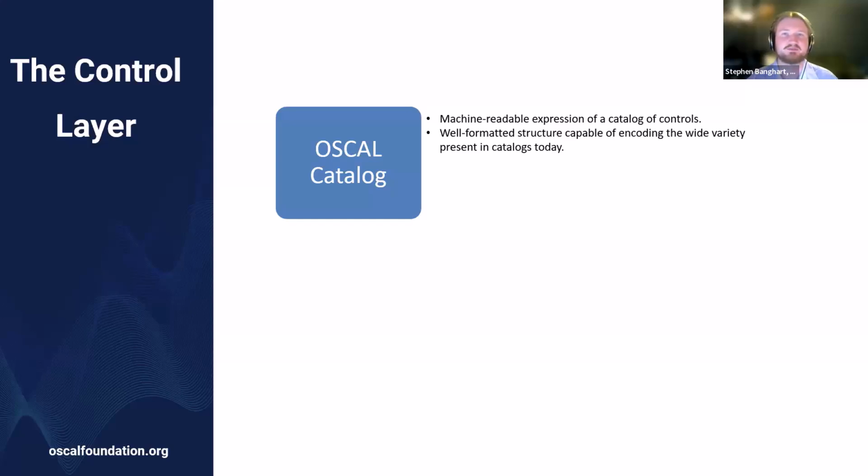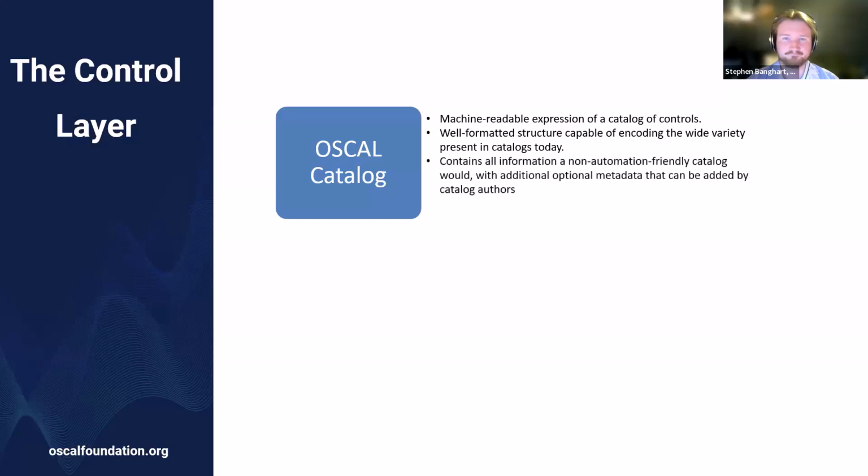Obviously, we're familiar with SP 800-53, but there are countless other frameworks and catalogs that can be represented in this format. And it contains the exact same information. And I think this is the key and the reason why I took this approach to explaining it. We're taking a non-automated process, the publication of the catalog, and we are directly mapping it into an automatable process, creating it as an OSCAL catalog instead.